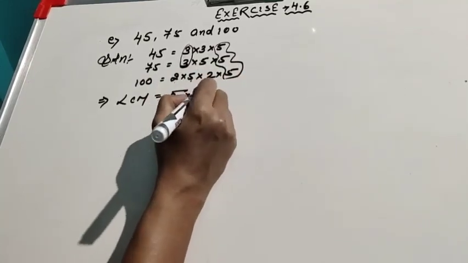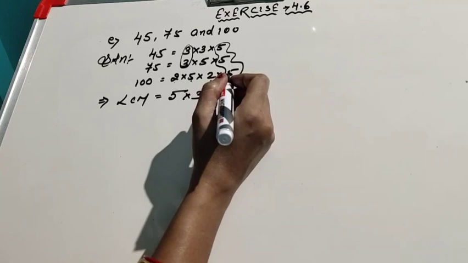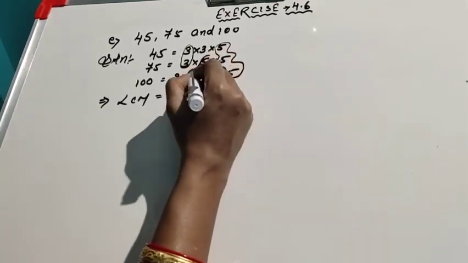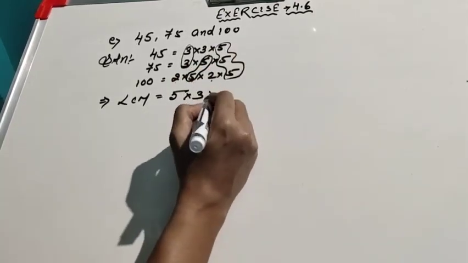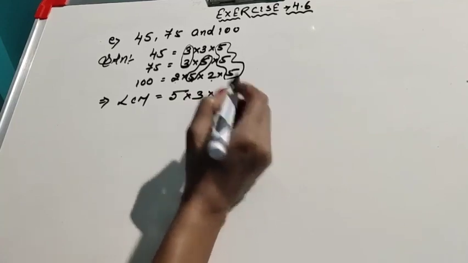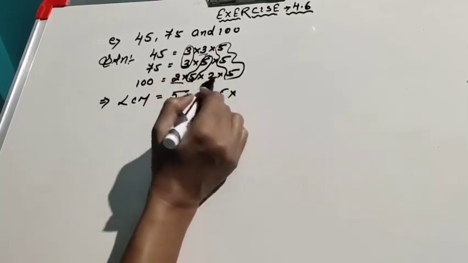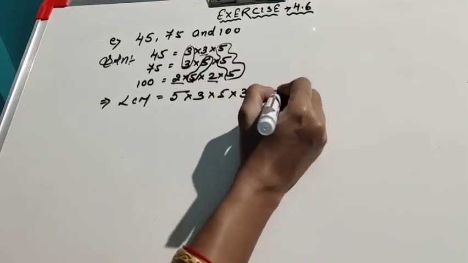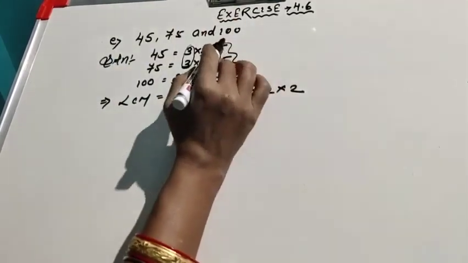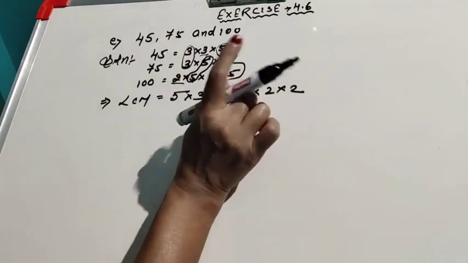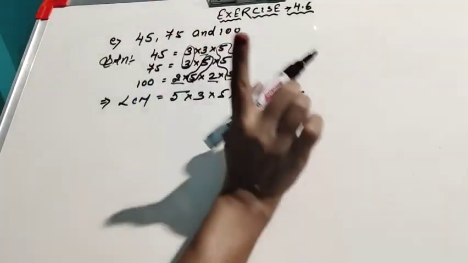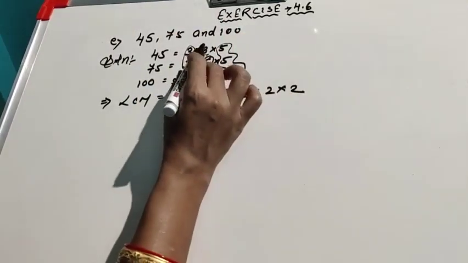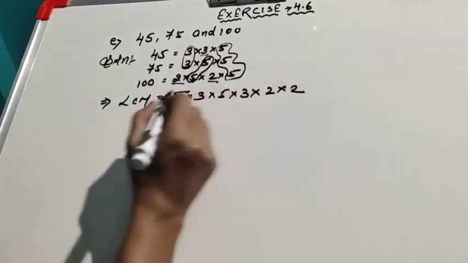Next, 5 is given twice, so we will write it one time only. Now 3 is single, 2 is single, 2 is single, so we will simply write 3, 2 and 2. Remember it: if a common factor is given, write it one time. If a pair is given, write it only one time. And if a number is alone, simply write it.